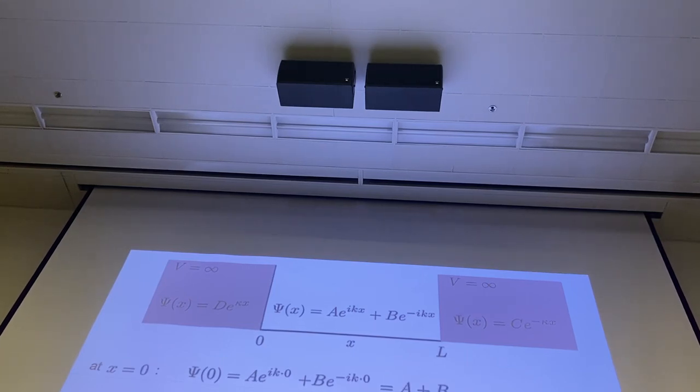So at x equals 0, the amplitude of the wave function equals a plus b. But I just said it should be 0 there, because the particle needs to disappear there. It can't go there. Therefore, a must be negative b, or b must be negative a. It's the same. So I know for sure that the amplitude of the wave function goes to 0 at x equals 0.